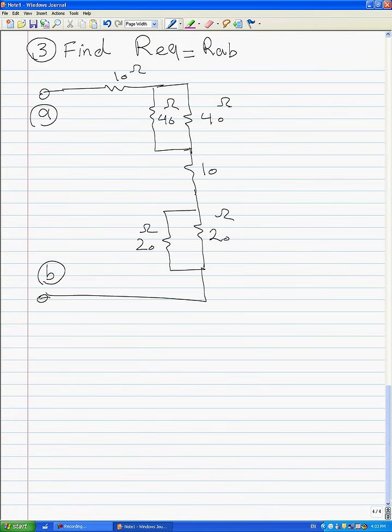Okay, the important key to solving any circuit like this is to diagnose series and parallel resistors.